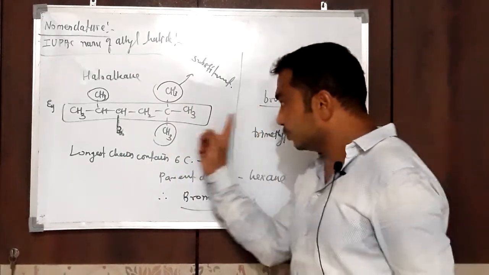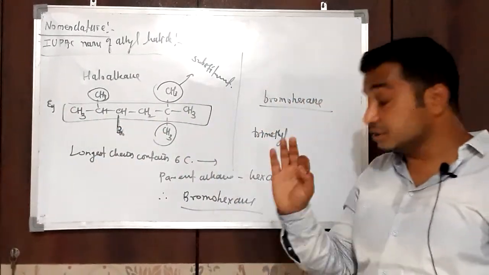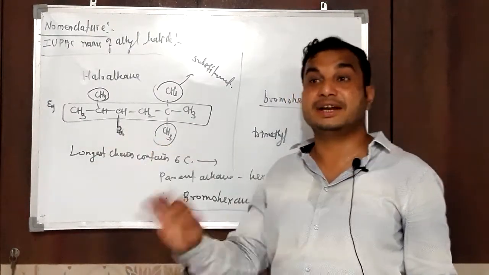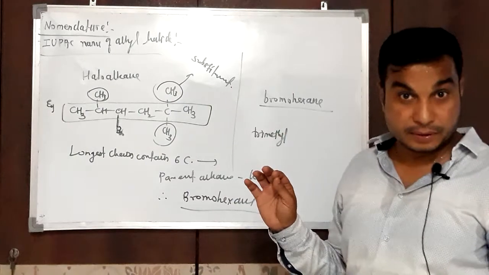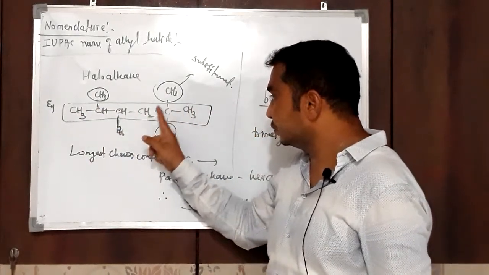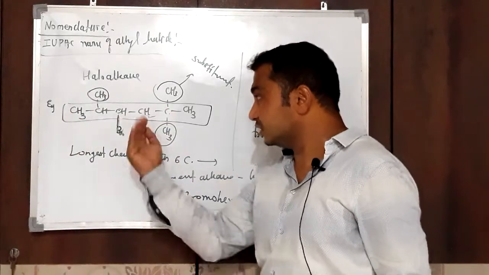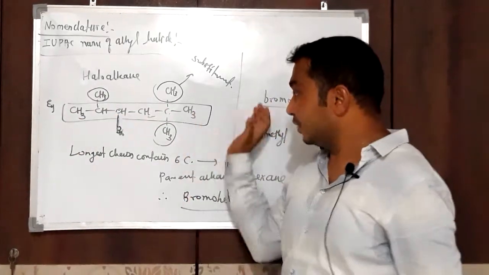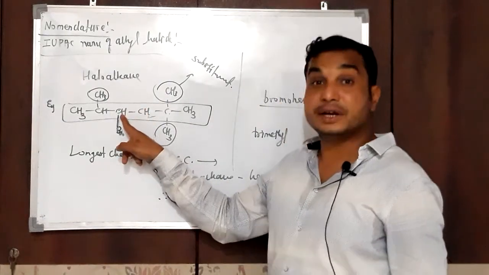Now we have to give numbering, locants, to indicate the position of the halogen atom and the substituents. We have to number this carbon chain in such a way that the carbon having the halogen atom gets the lowest possible number. From this side, the carbon bearing the halogen atom gets 3, and from the other side it gets 4.